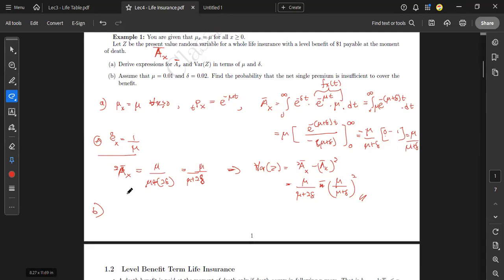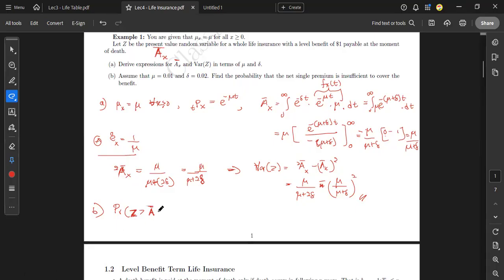So to find the probability that the net single premium is insufficient to cover the benefit, our present value should be less than, which means here, C is the random variable.